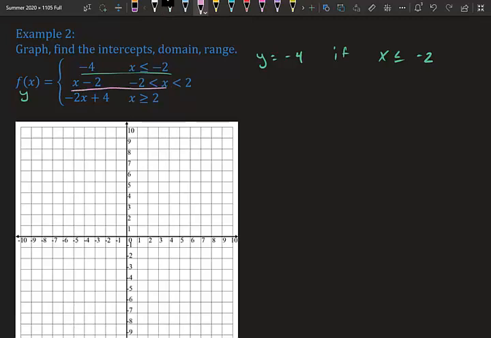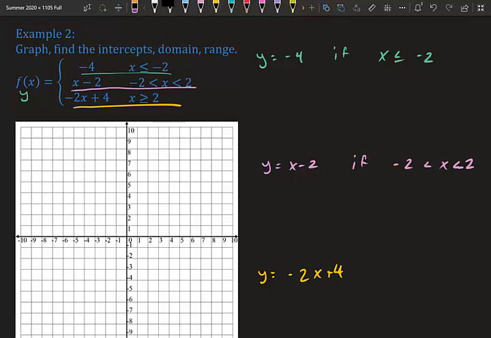Then we have y equals x minus 2 if negative 2 is less than x and x is less than 2. So x has to be between negative 2 and positive 2. And then our last one, we have y equals negative 2x plus 4 when x is greater than or equal to 2.